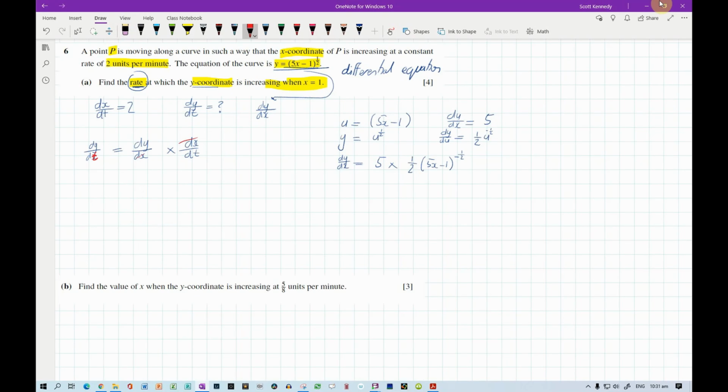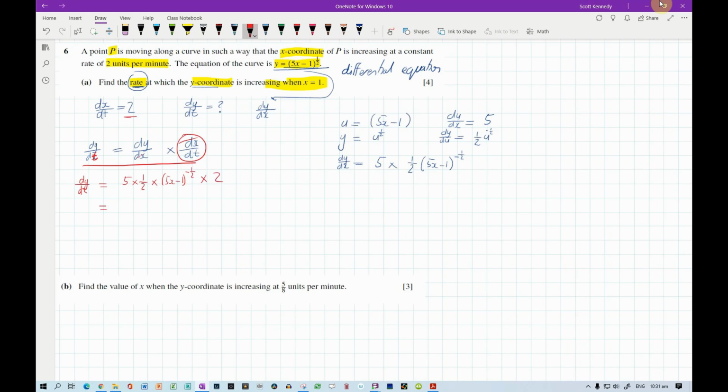At this point, we're now ready to find dy/dt. And that should be dy/dx, which I've just found, 5 times 1/2 times (5x - 1) to the minus 1/2, times dx/dt, which we know from over here is 2.